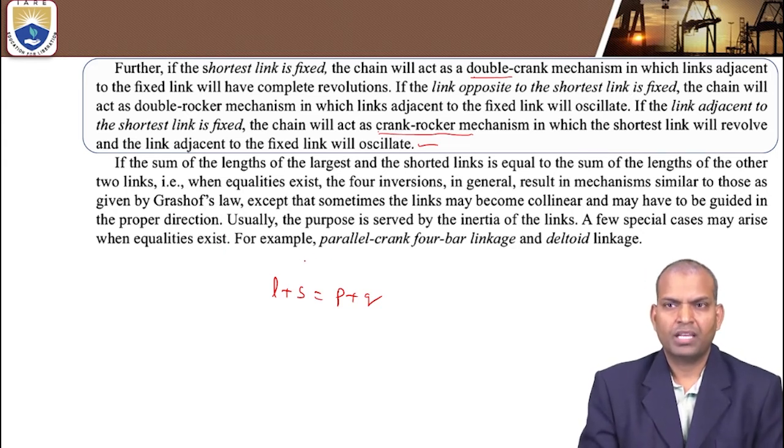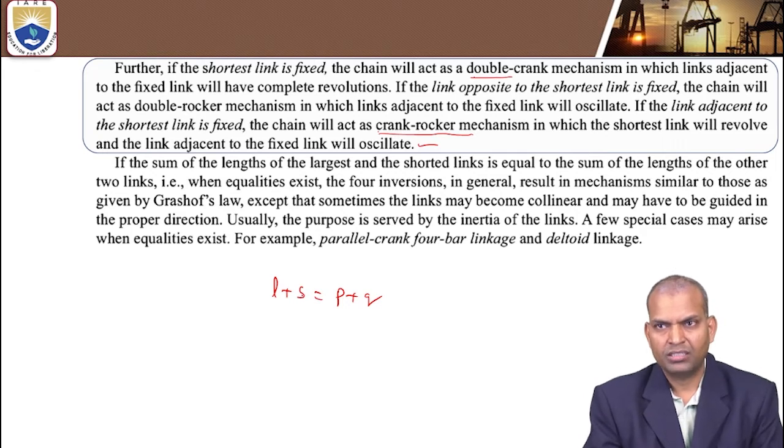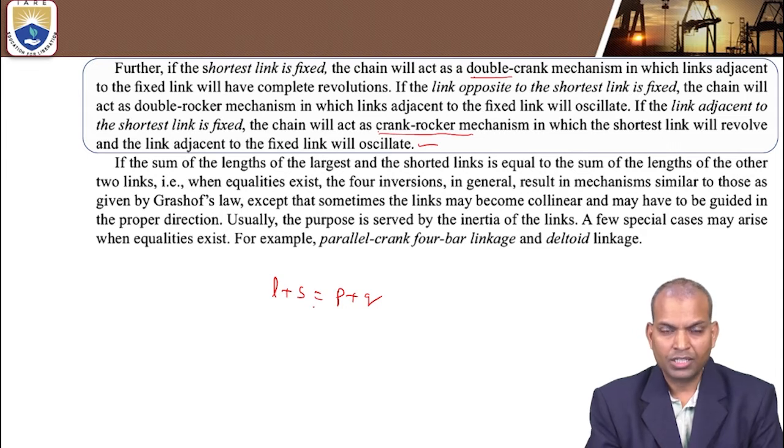What are they? There are 2. Number 1, parallel crank 4-bar linkage, and second one is deltoid linkage. Before, we studied inversions of the 4-bar chain based on Grashof's Law.